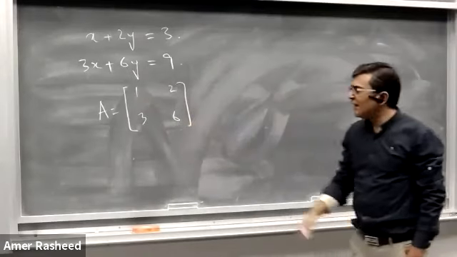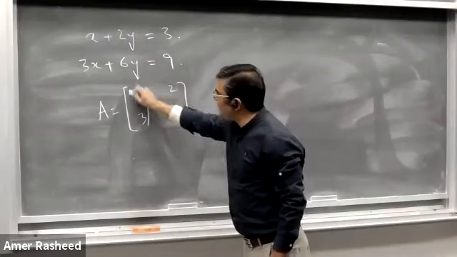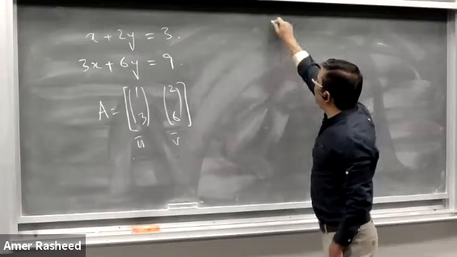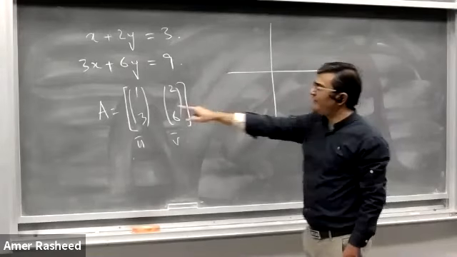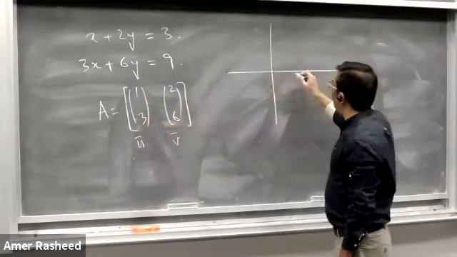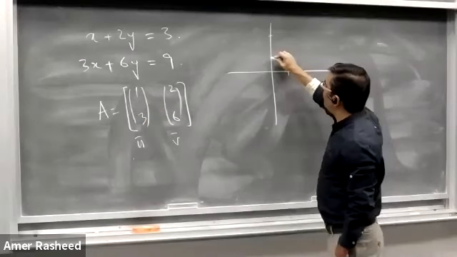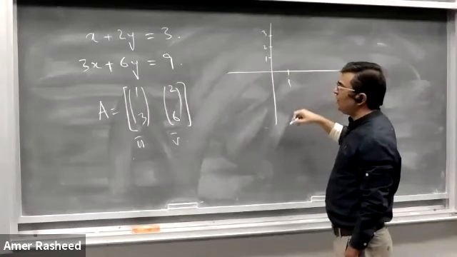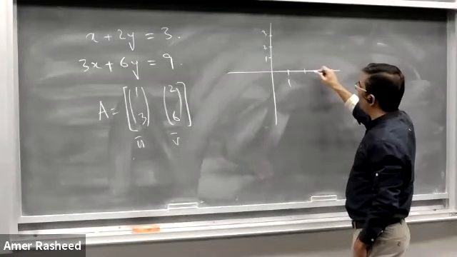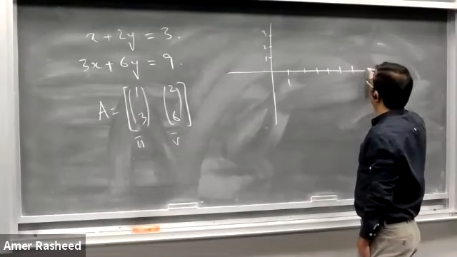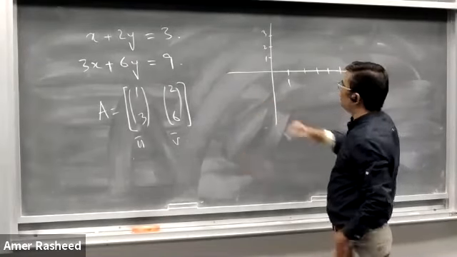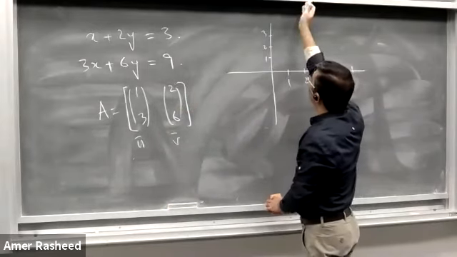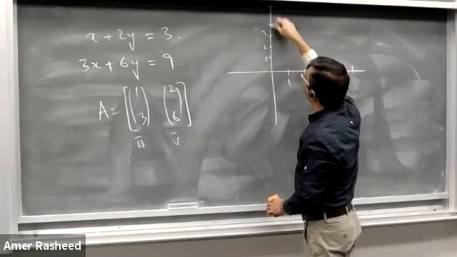Now, if we assume that this is the u vector and this is the v vector, and we try to plot them on the xy plane, the first vector is x is 1, y is 3. And the second, x is 2 and y is 6.